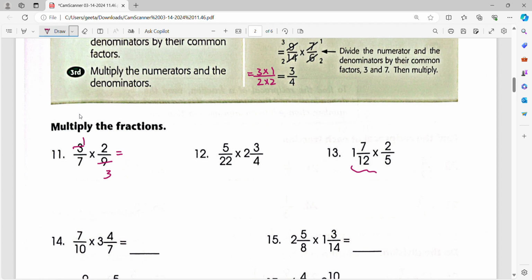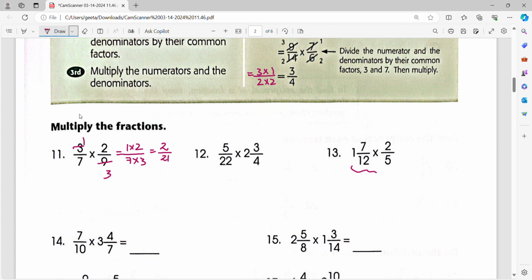No, you need not convert that into a mixed number. You cannot cut it. So we are left with 1 into 2 over 7 into 3. Can you tell me the answer now? Answer is 2 over 21.